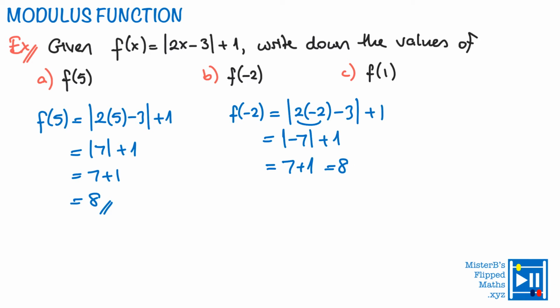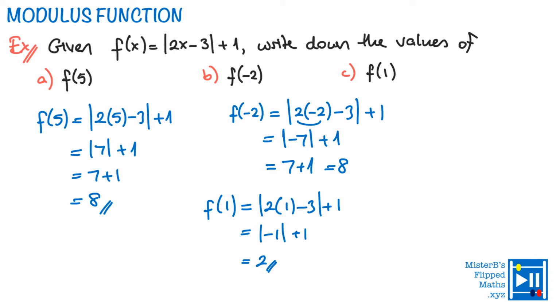And for part C, f of 1 equals the absolute value of 2 times 1 minus 3, plus 1, which is 2 minus 3, which is minus 1 inside the absolute value, plus 1. This comes out as 1, and 1 plus 1 is 2.